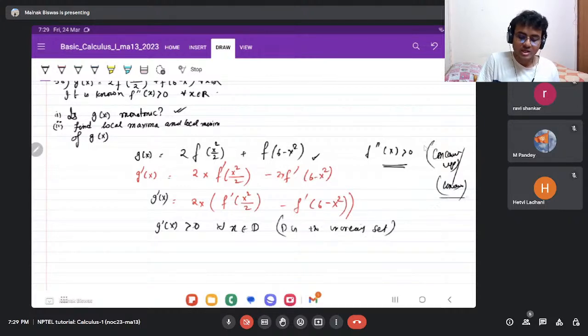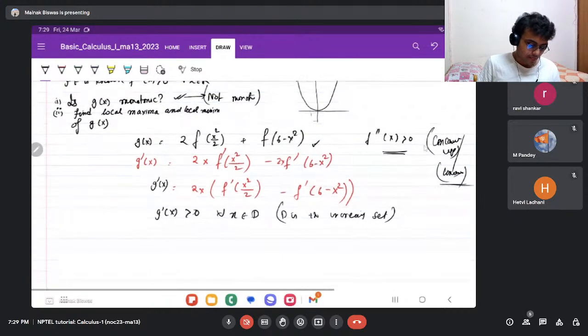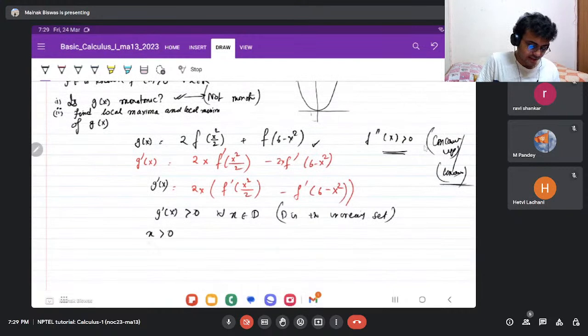So a concave up function will not be monotonic. You can say it directly, because your second derivative is greater than 0. This means you must have a decreasing part and an increasing part. Let's see. Now let's take x greater than 0.